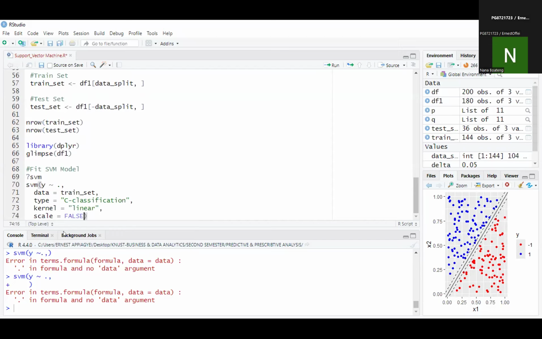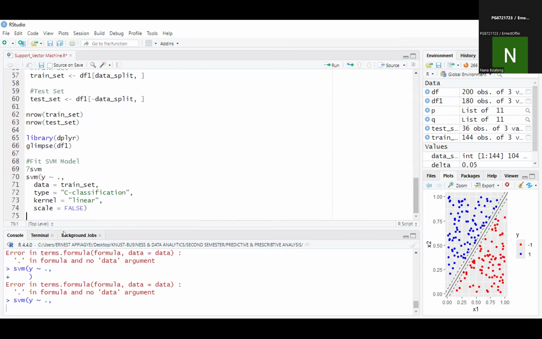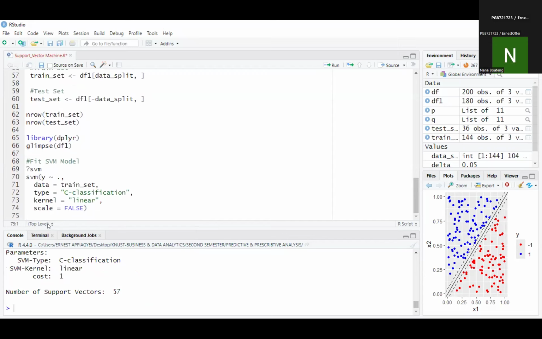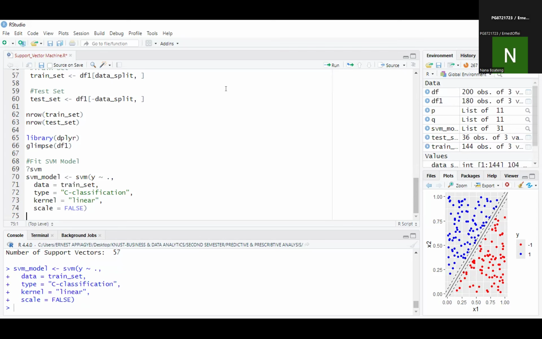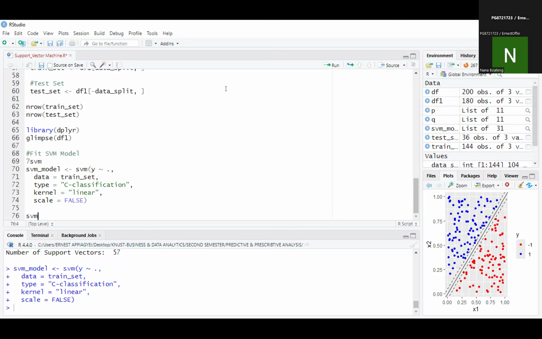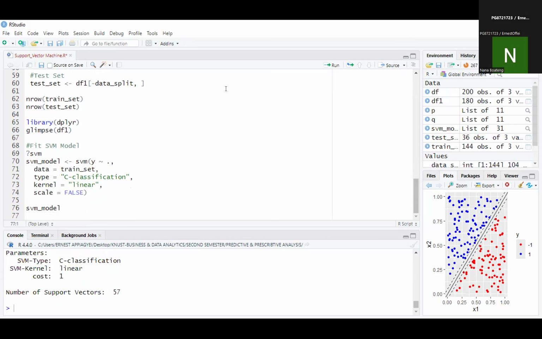Okay. All right. So I think it should be fine. So give it SVM model, the object name, line 70. What is the name? Yes, svm_model, or give it any name that you want. Okay, run this. It's fine now. So now call the SVM model, and then you see the number of support vectors for yours is 57.